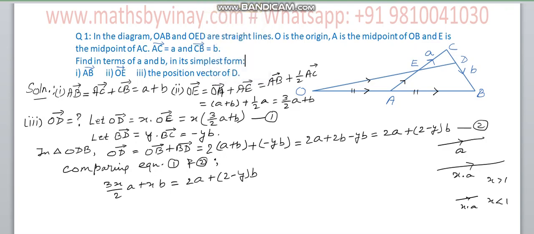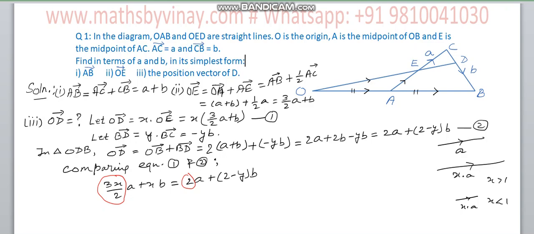Comparing equations means we compare the coefficients. The coefficient of a is 3x upon 2 on one side and 2 on the other, so they must be equal. Similarly, the coefficient of b will also be equal: x and 2 minus y.